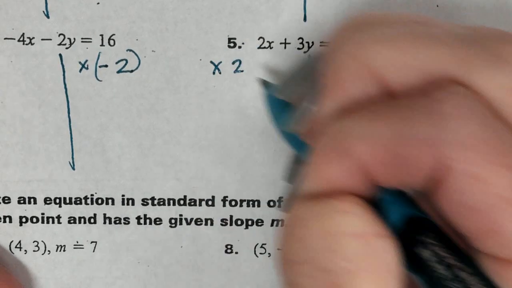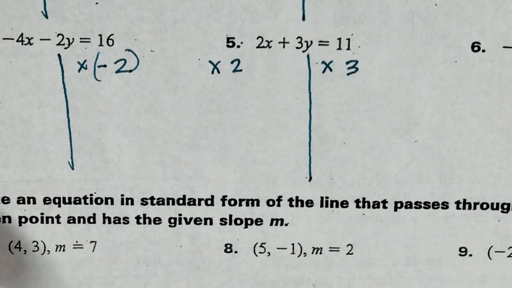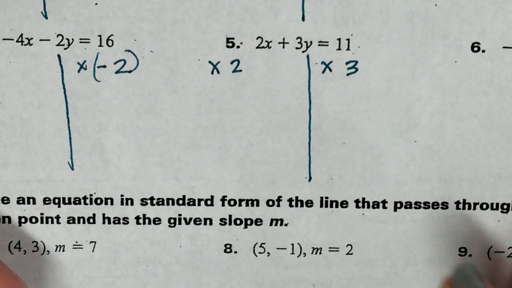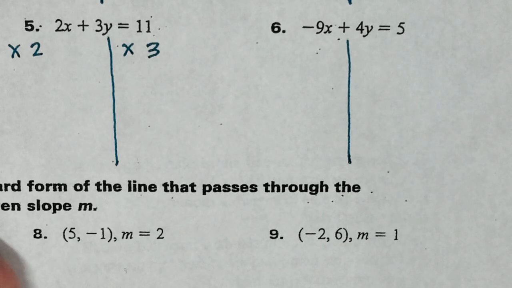Okay, on number 5, what do y'all want to do? Multiply by 2 and multiply by 3. Number 6, what could we do? We can't divide. Multiply by what? What could we do first?